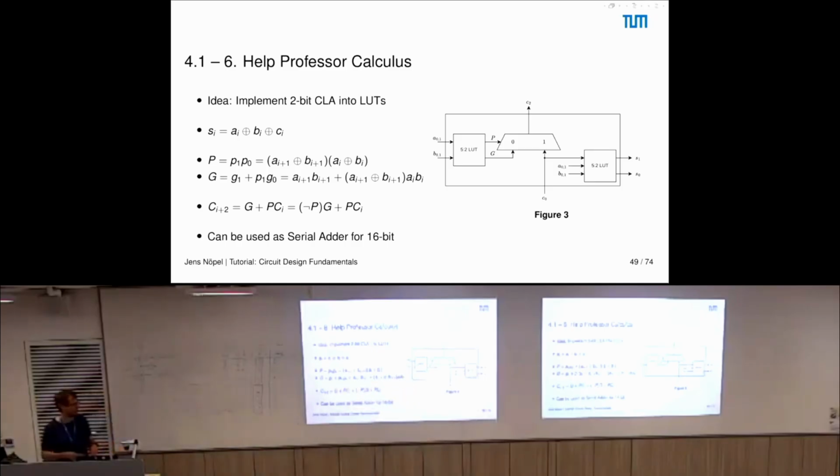And now you take what is depicted in figure 3, and replace the full adder in the serial adder depicted before by this one, realizing the 2-bit CLA from the previous exercise.